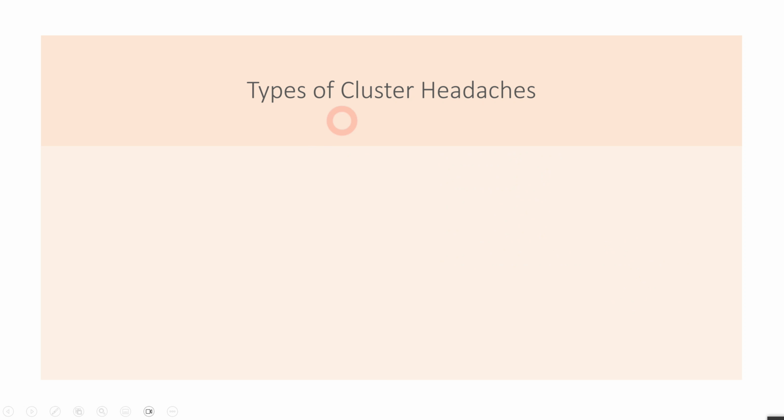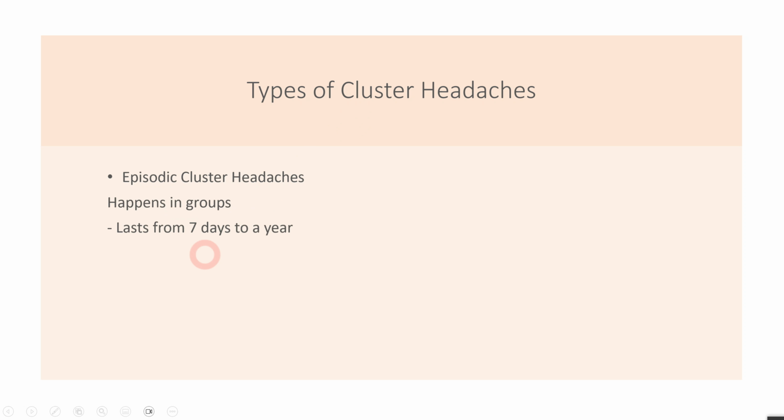Now, if we talk about the different types of cluster headaches, mainly we have two types. Firstly is the episodic cluster headaches, where it happens in groups. The episode of cluster headache may last from 7 days to a year, and each episode's duration may be from 15 minutes to 3 hours.